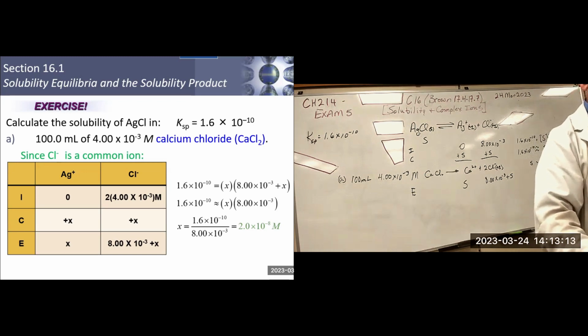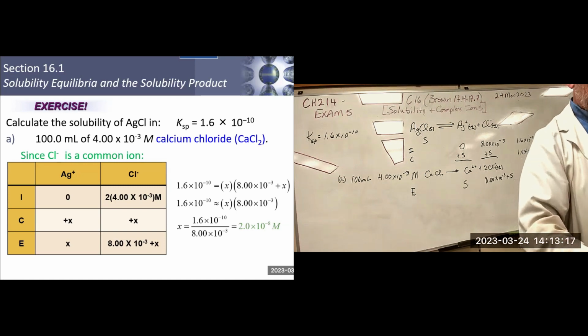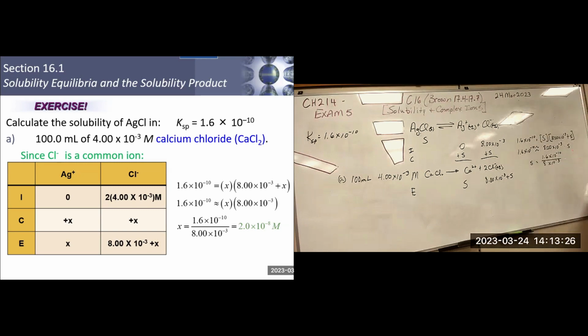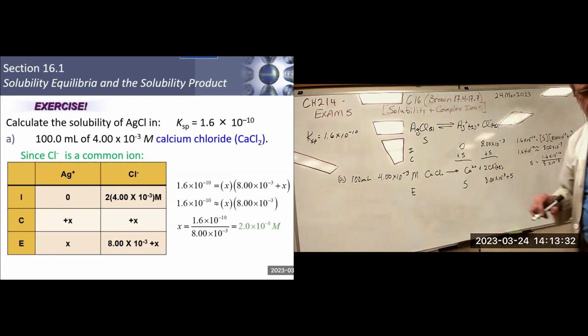Not trusting myself to do this in my head, I'm going to type it out. Exponent 10, divided by 8 times 10 to the minus 3. There we go. 2 times 10 to the minus 8.